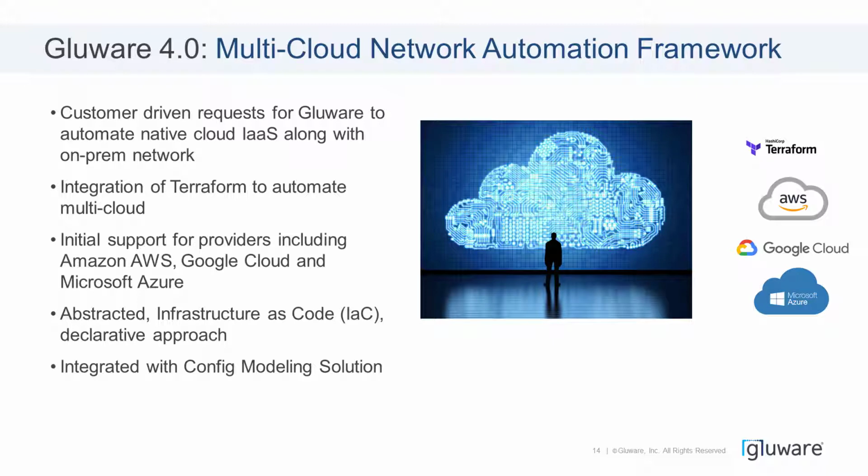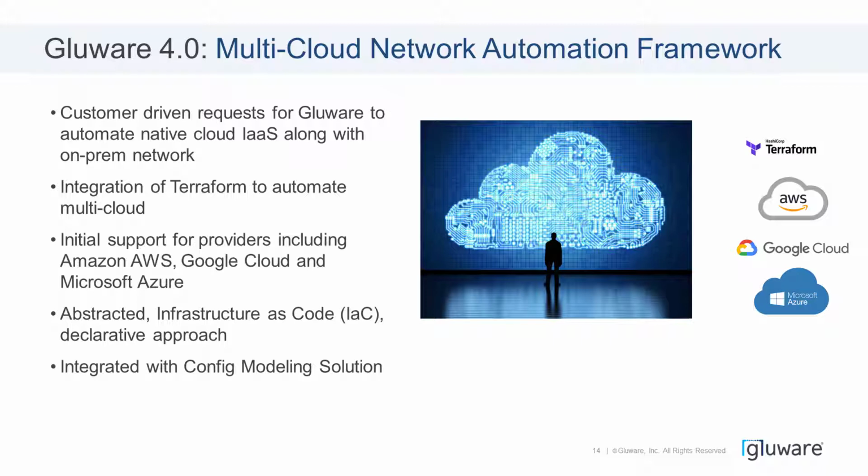So as mentioned, although Terraform has many providers at this point, and a provider is a connection or an interface that they're able to automate, the three we're focused on initially is Amazon AWS, Google Cloud Platform, and Microsoft Azure. The nice thing is when you look at the Terraform approach, it is actually very similar to the Gluware approach in that they have the ability to abstract, define infrastructure as code, and they take a declarative approach.